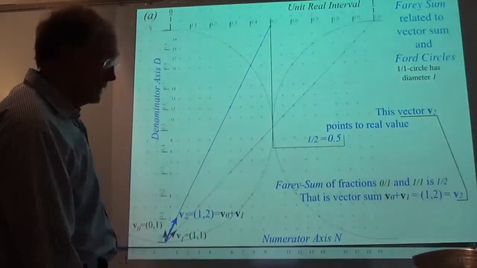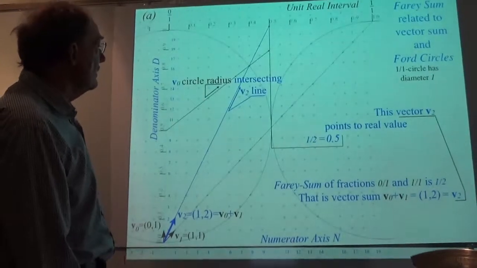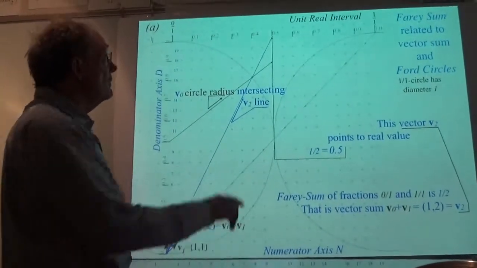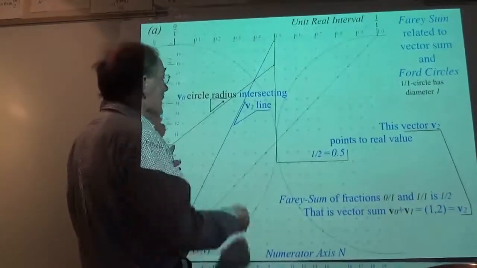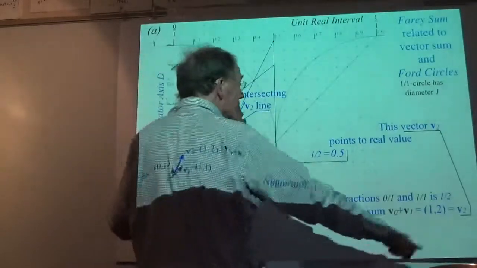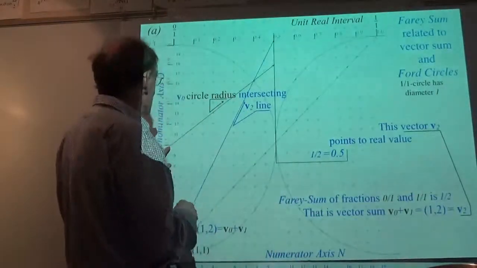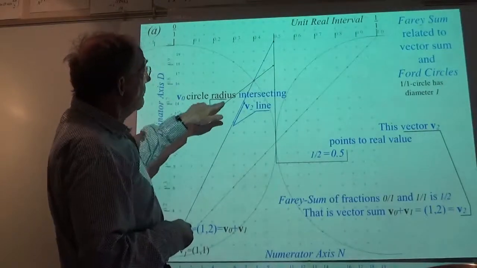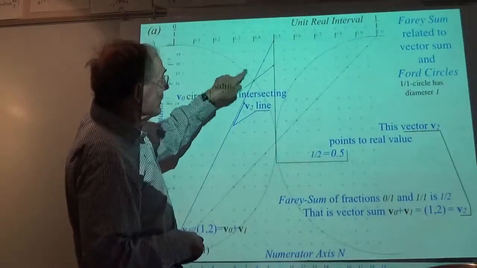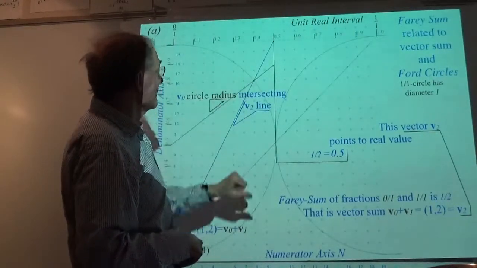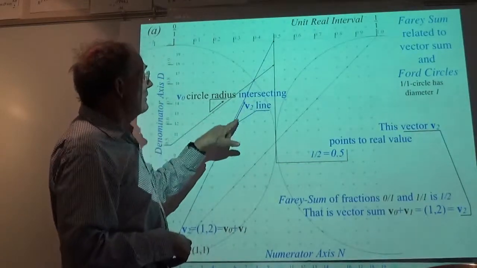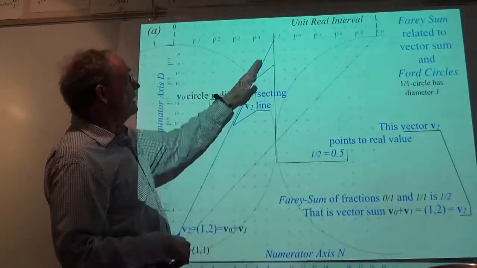Okay, now we can keep doing this. But there's something else funny happening here. Once you get a point here, here's your unit circles, tangent, okay? You go ahead and you run a line through where that intersects the circle. Okay? Circle radius intersects the V2 line.